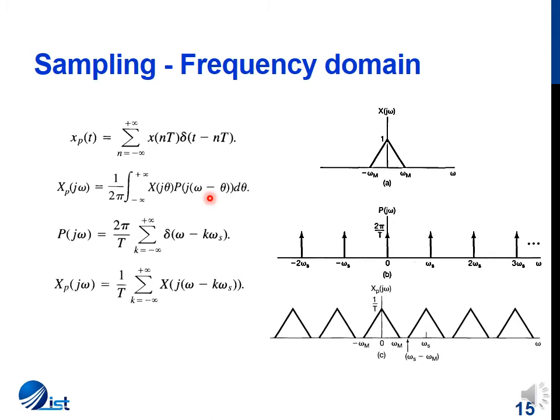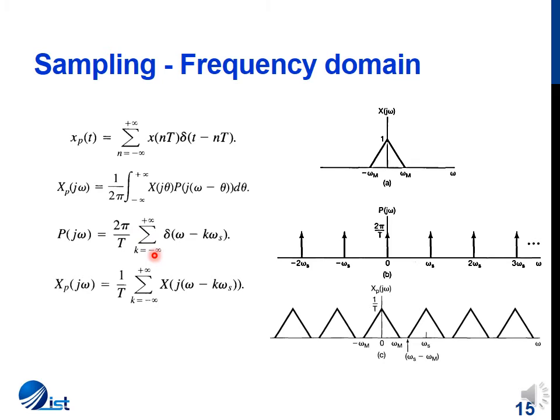So if we are to take the Fourier transform of this sampled signal, it is actually the convolution of the spectrum of the input signal X of j theta and that of the pulse train P of j omega minus theta, where this expression is just representing that this signal is flipped and slid and this signal remains as such. Now when we take the Fourier transform of an impulse train, we'll come to see that the Fourier transform of an impulse train is an impulse train.